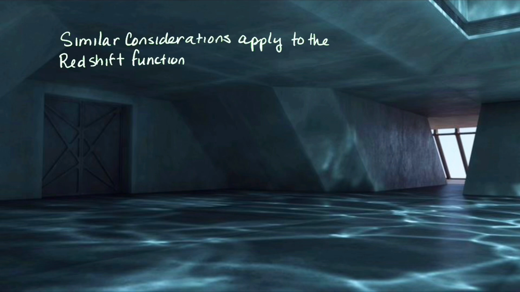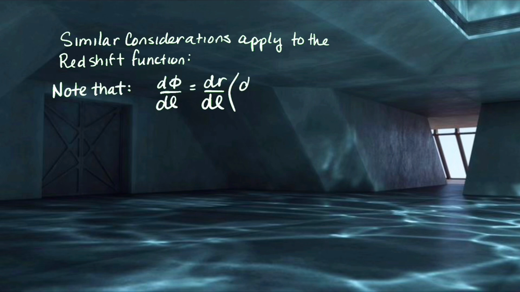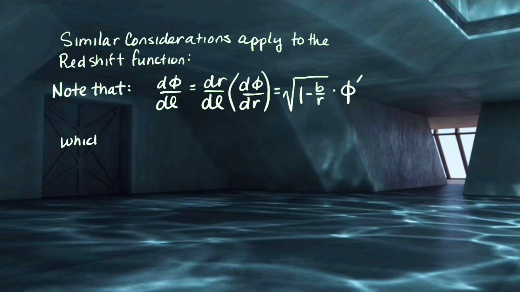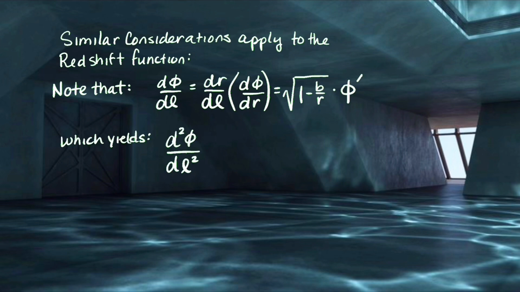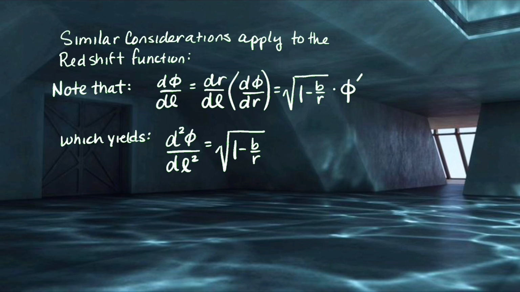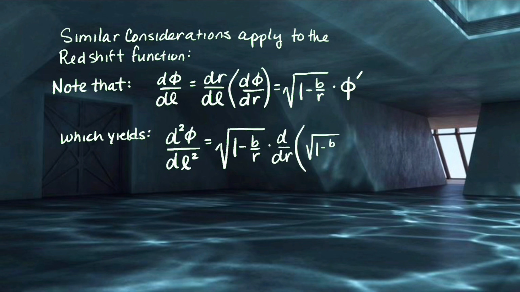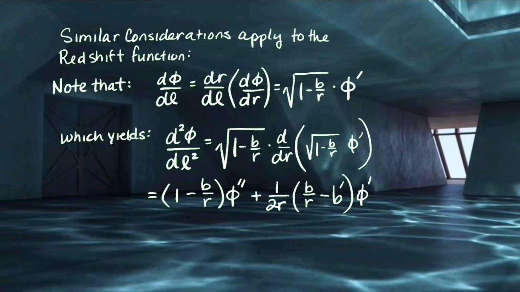Similar considerations apply to the redshift function. We note that the derivative of the redshift function with respect to L is given by the root of 1 minus b over r multiplied by phi prime. And that will help us calculate the second derivative with respect to L of the redshift function, and we get this expression involving phi prime and phi double prime.